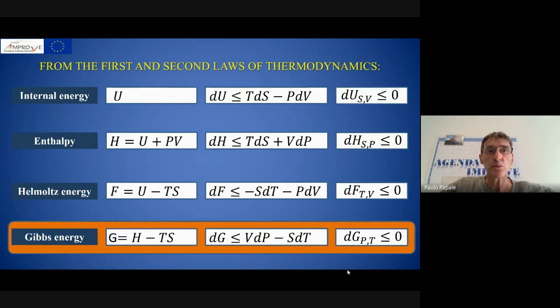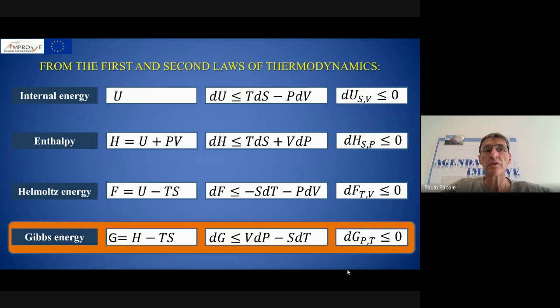Let's summarize it once again. The second law of thermodynamics provides the direction towards which a system evolves, that is, the direction towards equilibrium. That direction is the one that maximizes system entropy. We have then combined the two laws of thermodynamics and have found another criterion for chemical equilibrium in terms of internal energy.